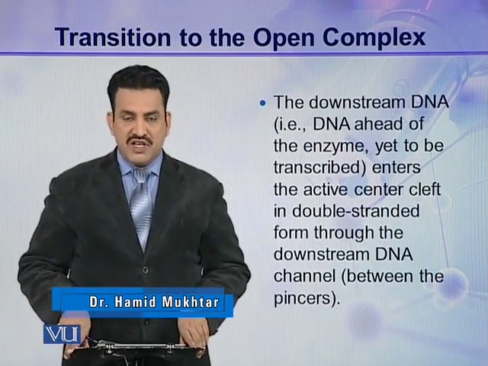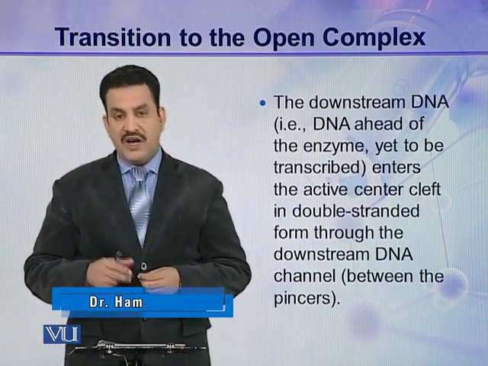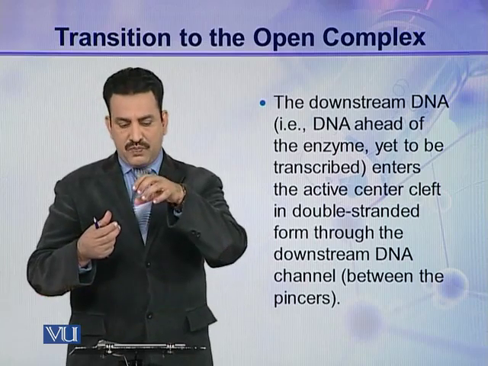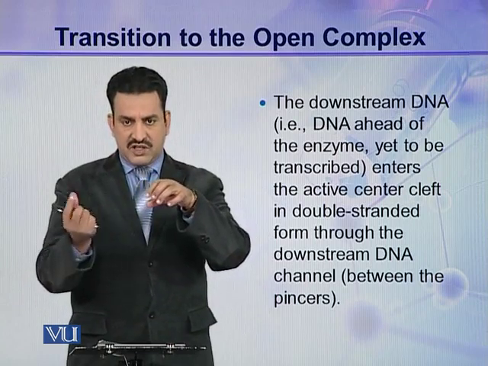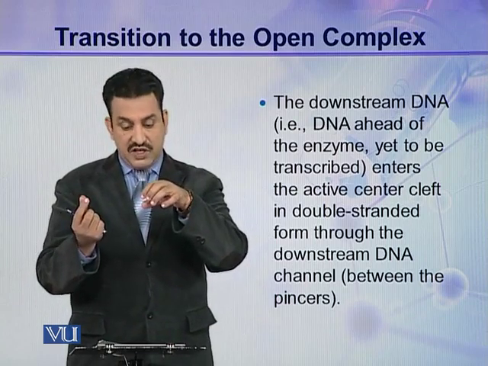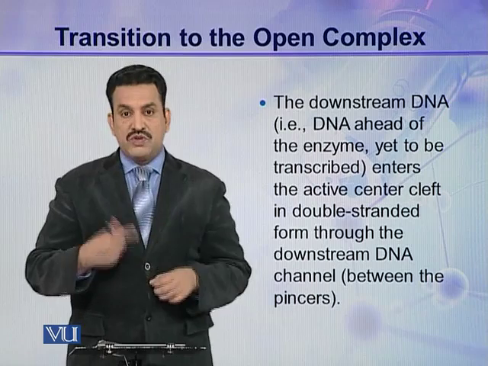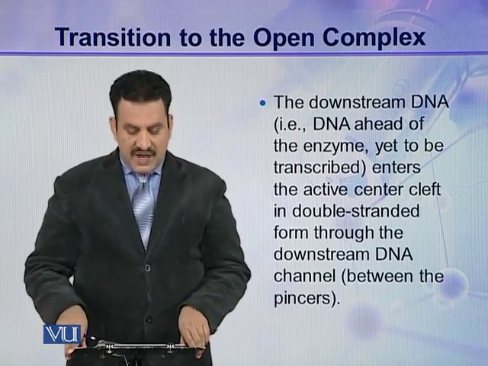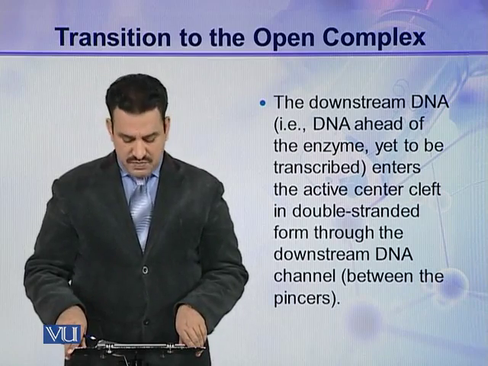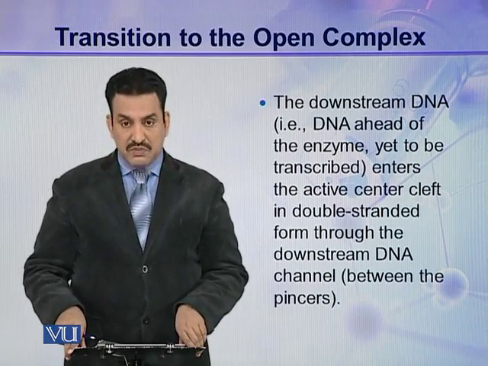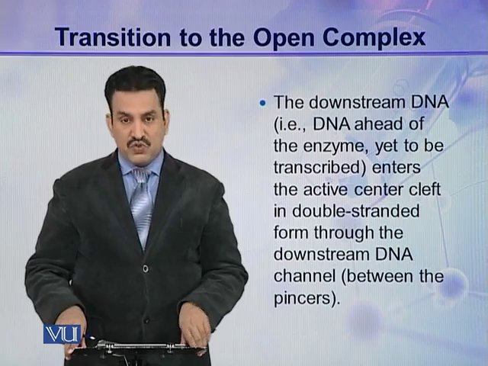The downstream DNA is the DNA ahead of the enzyme. So this is the complex, and any DNA ahead of this complex is called downstream DNA, and this portion is to be transcribed. It enters the active center cleft in double-stranded form through the downstream DNA channel between the pincers.